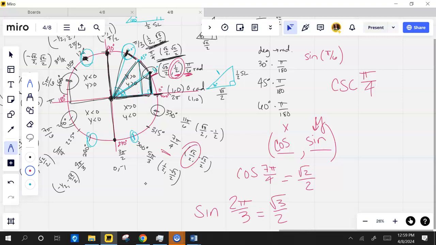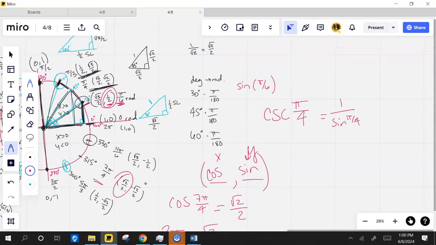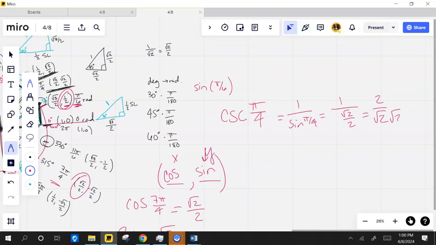It's the inverse. Inverse? Close. You're right, but what are you doing? Tell me what you're doing. So cosecant is the flip of sine. So this is 1 over sine of pi over 4. So I'm just flipping sine of pi over 4. So instead of square root of 2 over 2, it would be its reciprocal, which I would then rationalize.